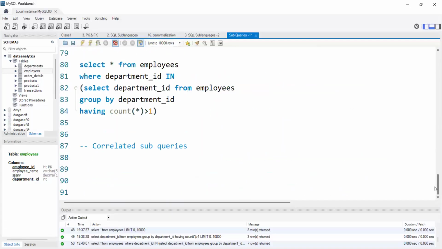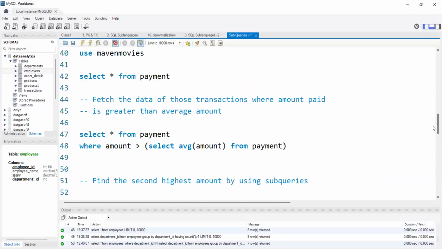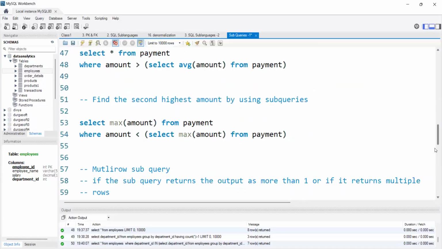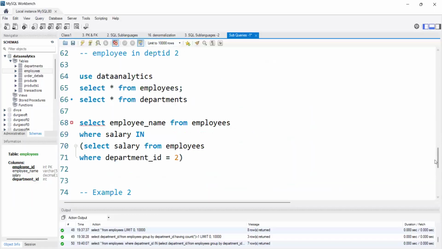So, what are non-correlated subqueries? Whenever we are solving any subquery, we know we have two parts: this is the inner query or subquery, and this is the outer query or main query, correct?